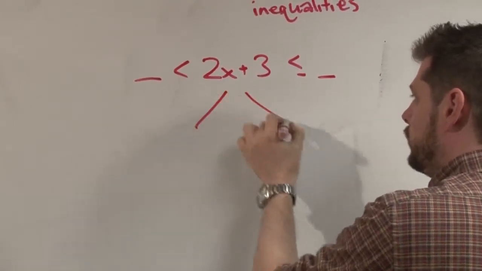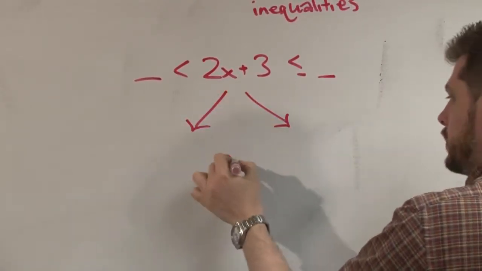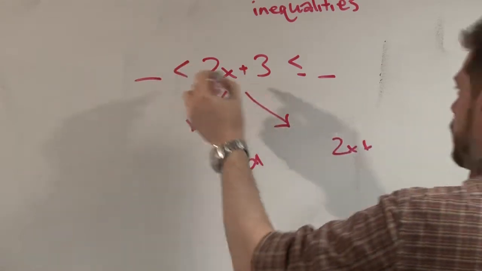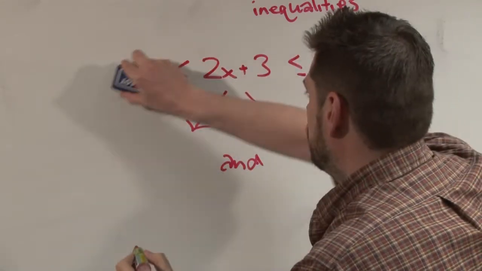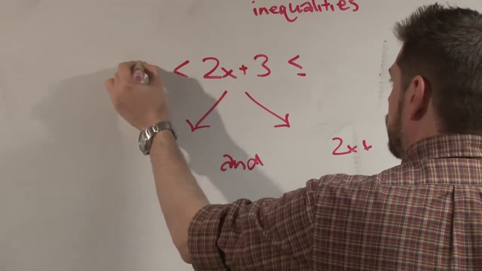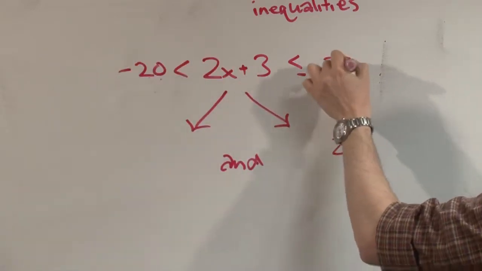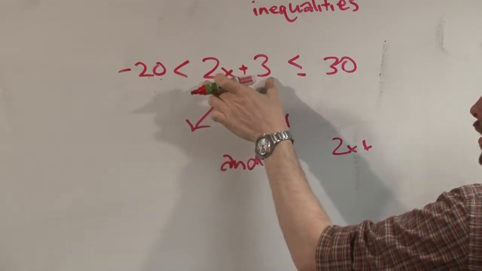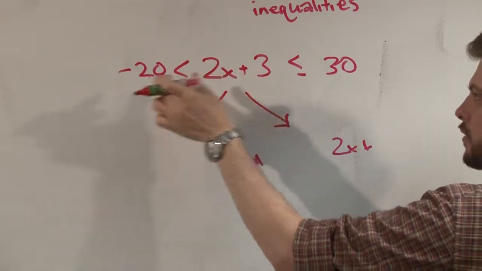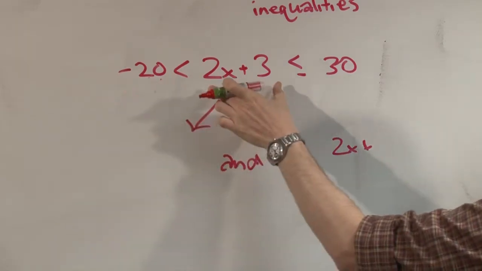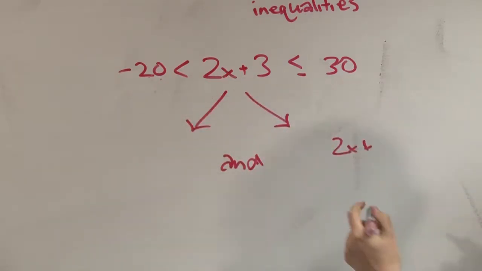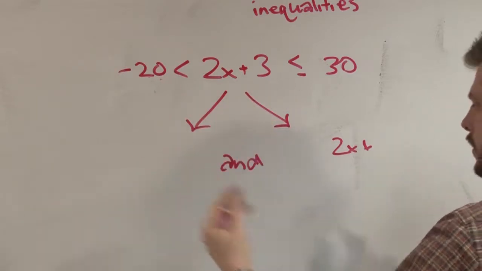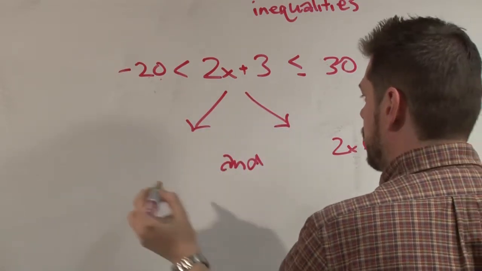So the way that we translate this is that this is an and inequality. I'm saying 2x, let me put numbers in here. So let's see, I've got negative 20, and let's say I've got 30 over here. So what I'm saying is this quantity of x is greater than negative 20, and this quantity of x is less than 30. So I can rewrite this compound inequality as two separate inequalities using my and.